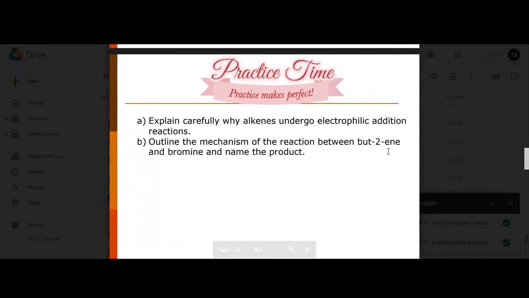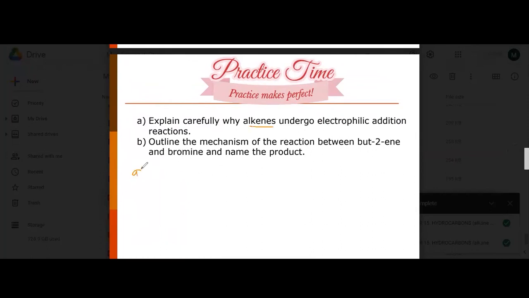Okay, let's practice. How to answer this? Why do alkenes undergo electrophilic addition reaction?